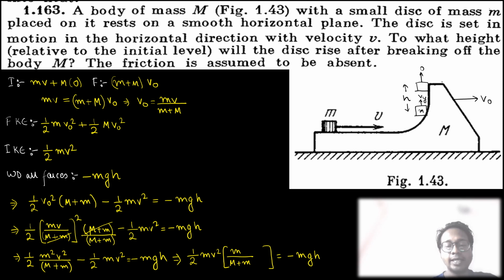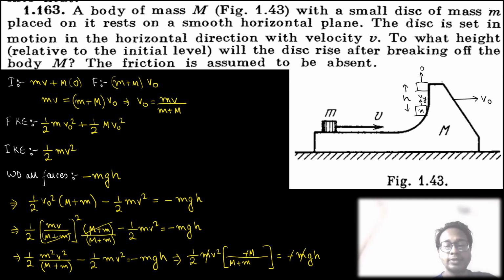So if I take LCM as m plus M, and minus 1 means I have to subtract this entire term out here, minus m minus M. So out here m and m get cancelled. Minus M is equals to, I can cancel out this m, this minus and this minus will get cancelled.